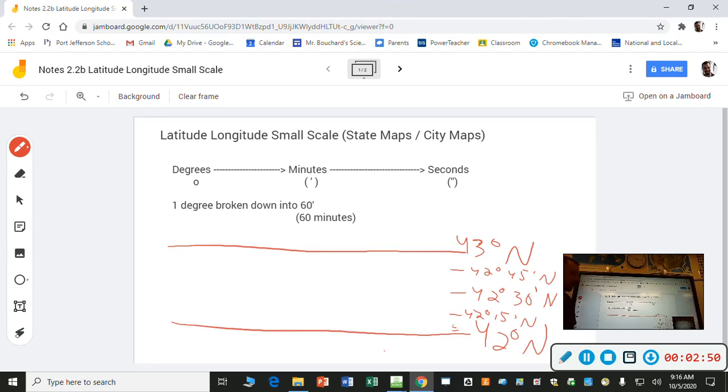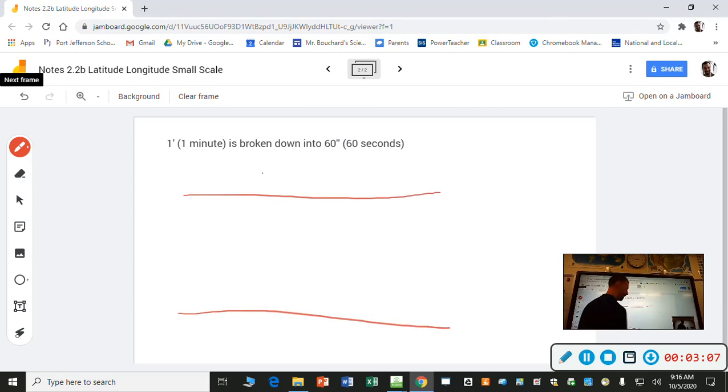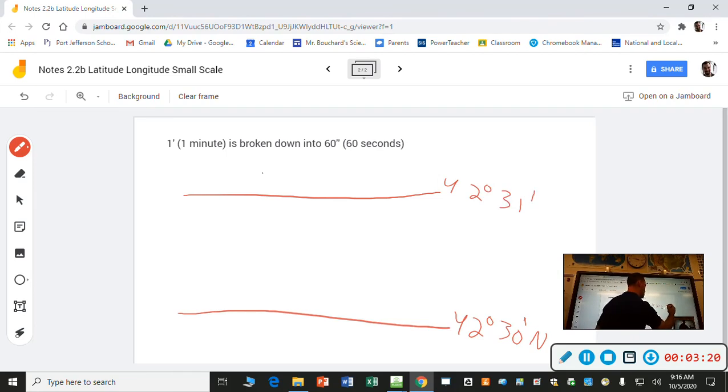Also, to take this a little step further, 1 minute is broken down into 60 seconds also. If we do the same thing on the city level, instead what you'll see is 42 degrees, 30 minutes north, and 42 degrees, 31 minutes north.